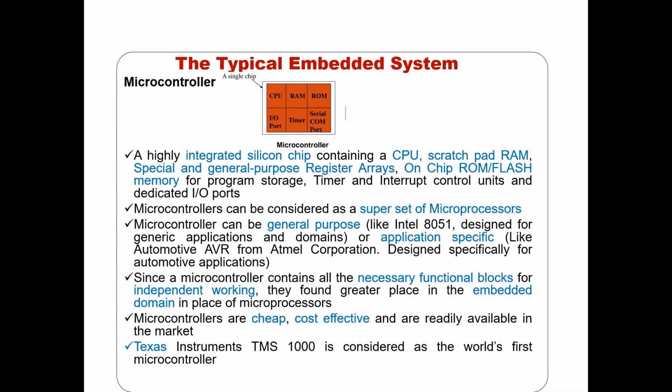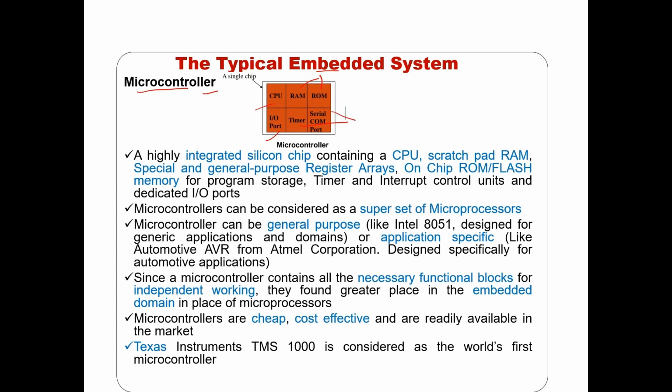And the other embedded system core, as we have already seen from the block diagram, can be a microcontroller also. In the microprocessor, the CPU was on a single chip, whereas in the microcontroller, the single chip consists of the CPU, the memory, which includes RAM, ROM, the peripheral ports or IO ports, input ports, output ports, timers, serial ports.